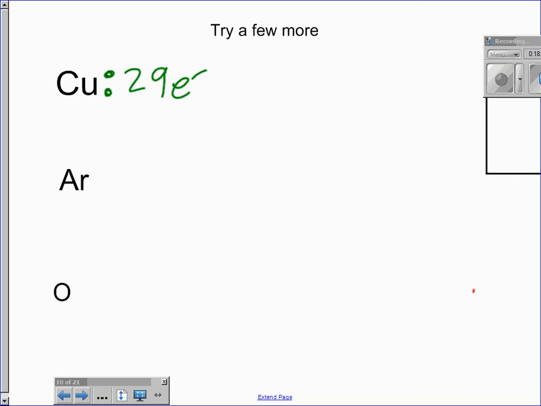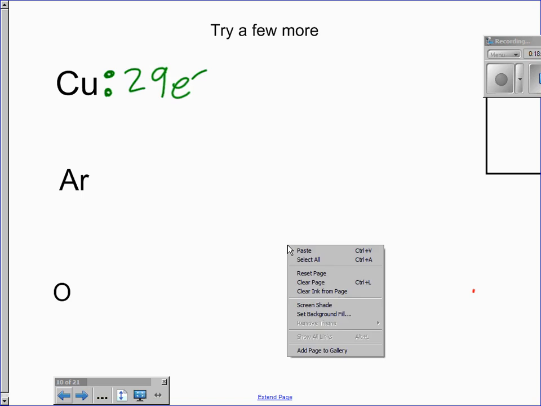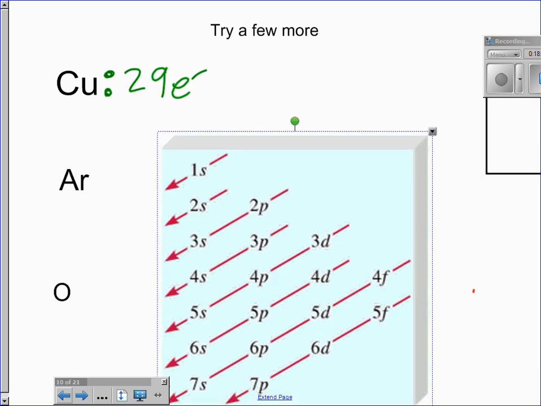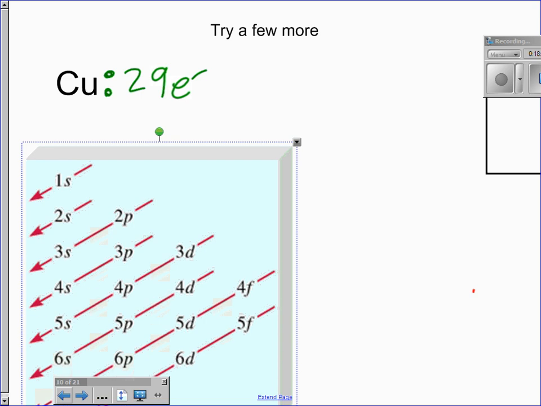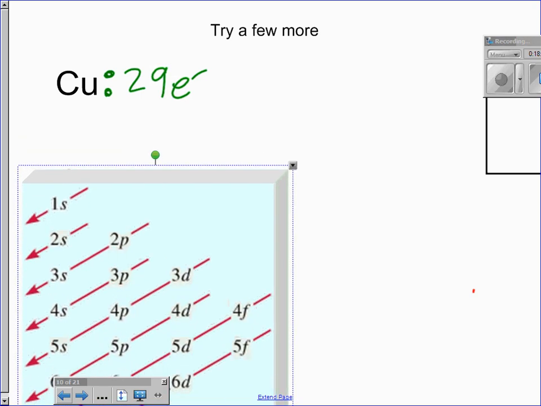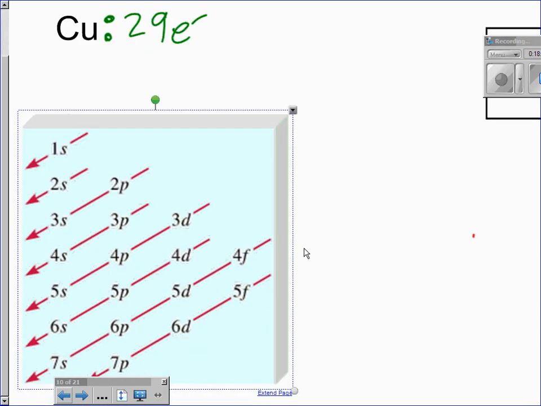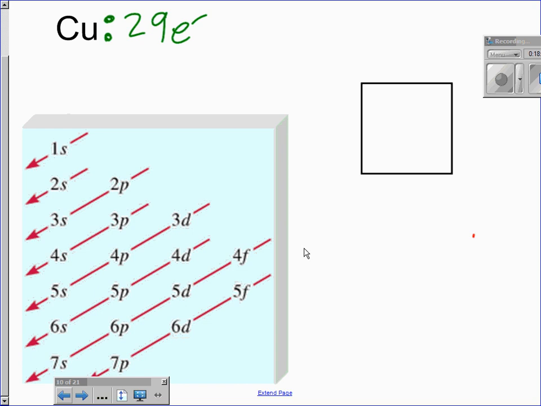Paste. There it is. All right. So we need to account for 29 electrons. Let's start at the beginning. So I'll use this box now, I guess. It's not letting me select it. There it is. Okay. I'll use this box. And we'll start right here.